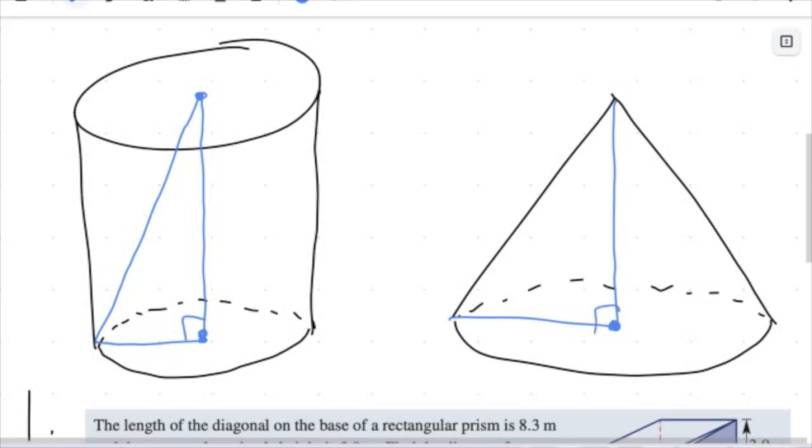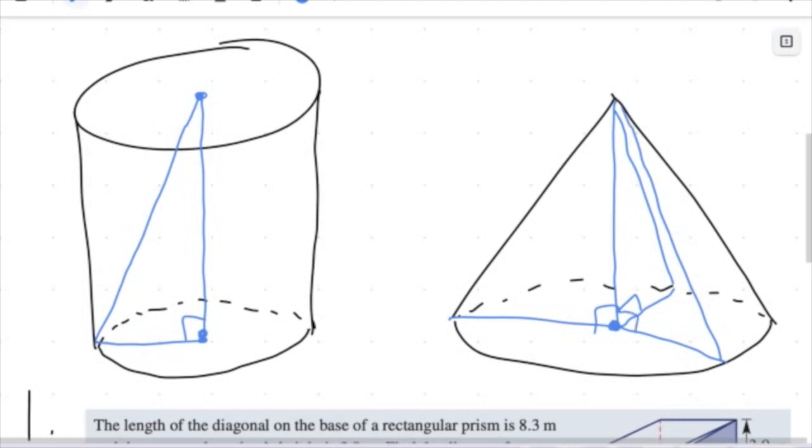Whether I draw it like this, or rotate it to another position, maybe out to this edge and up, I get another right angle triangle. Or if I go from here out to this point and then up to here, I get another right angle triangle.